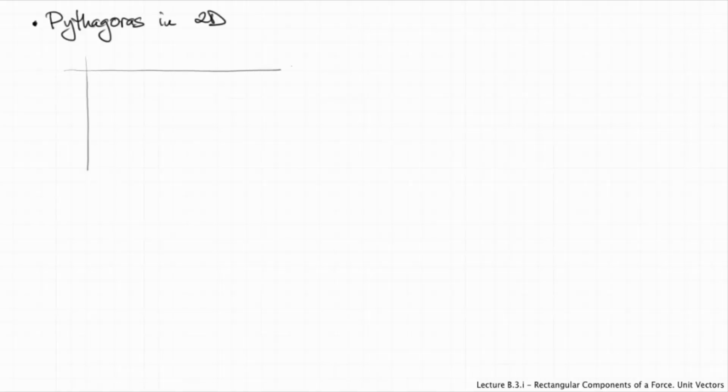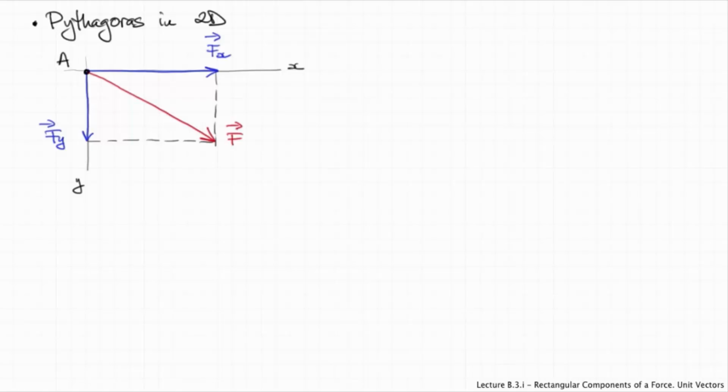So if these are the 2 axes, x and y, you can see I drew them a little differently, and these are the x component and the y component of force F, which is the diagonal of this rectangle, all acting at point A on particle A.